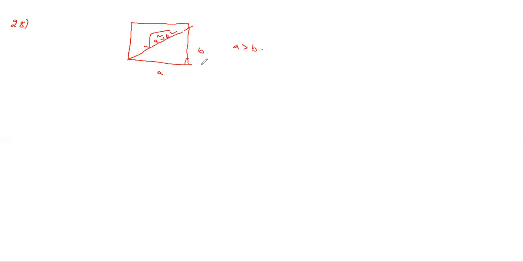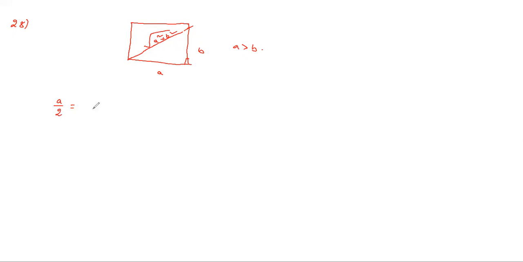Next, by walking along the diagonal, he saved the distance equal to half of the longer side. So what is the half of the longer side? A by 2 is here equals to the difference between total distance.